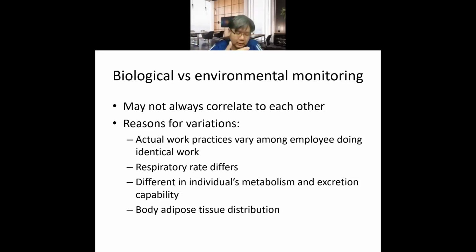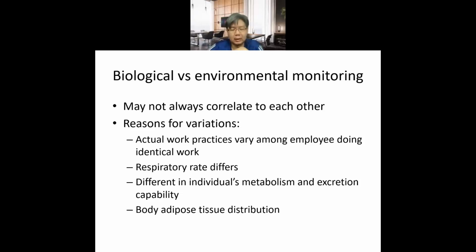That kind of condition is very common. Why is it very common? Because the actual work practice varies among employees, even though they are doing the same jobs. Some people might breathe very fast. Some people might wear PPE, some do not wear. Some people might do heavy duty work, in which their breathing rate is very fast, and hence they are inhaling more mercury.